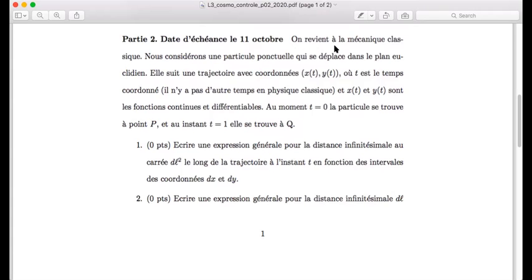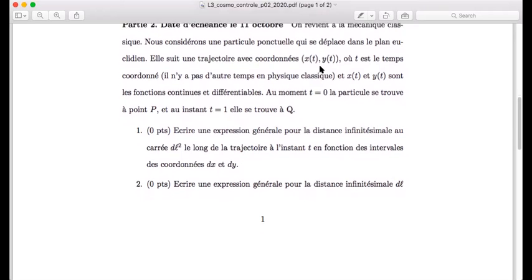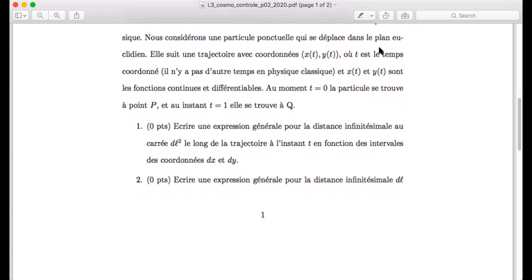So we come back to classical mechanics, and we consider a point particle that is moving in the Euclidean plane.